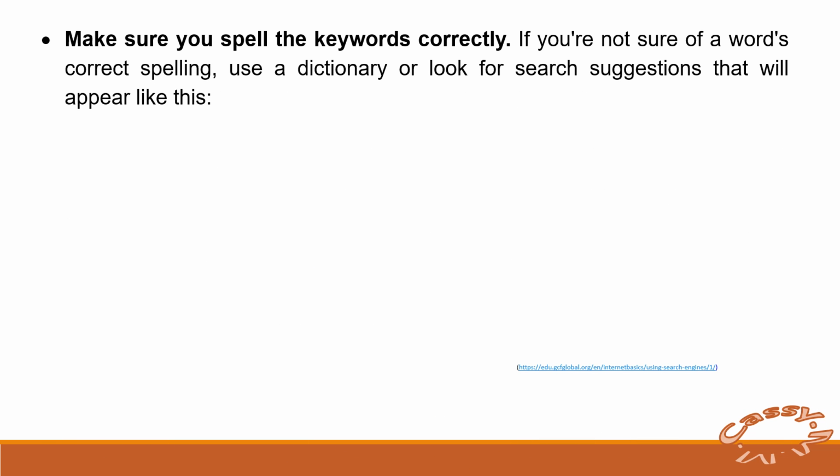Make sure you spell the keywords correctly. If your keyword is incorrect, your search would turn up empty. If you are not sure of a word's correct spelling, use a dictionary or look for a search suggestion that will appear like this.